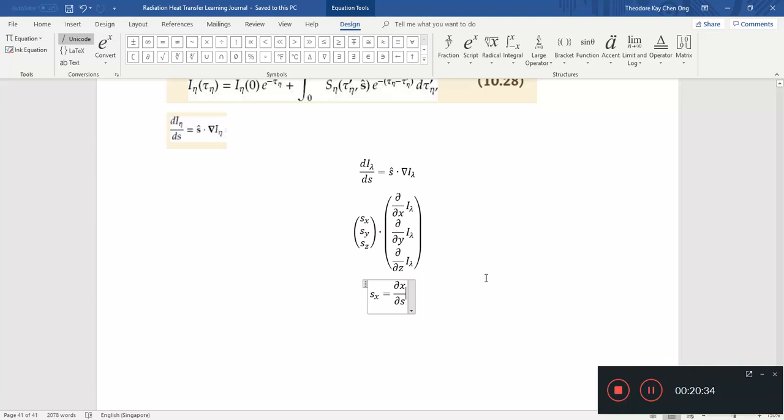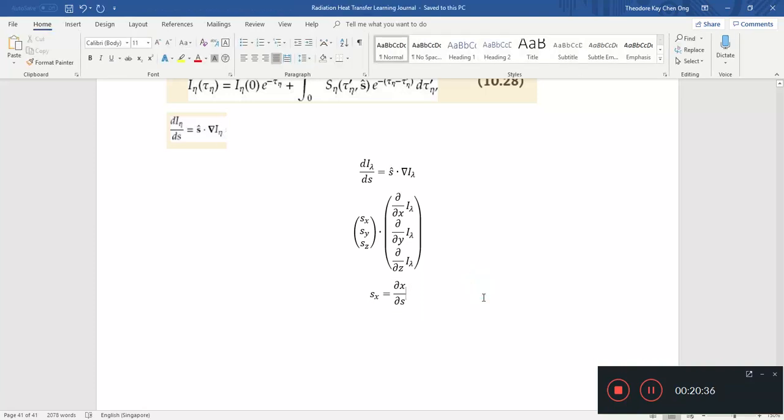And if we were to write this out fully using vector calculus, this is what we get. So remember, you can actually split it up into the x, y, and z components. So here we go.